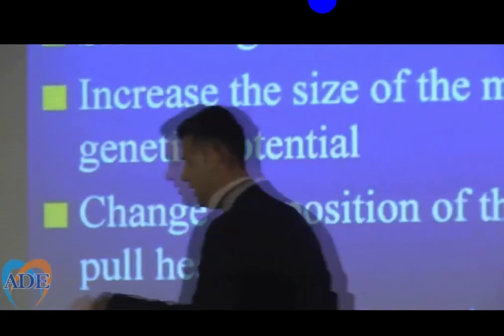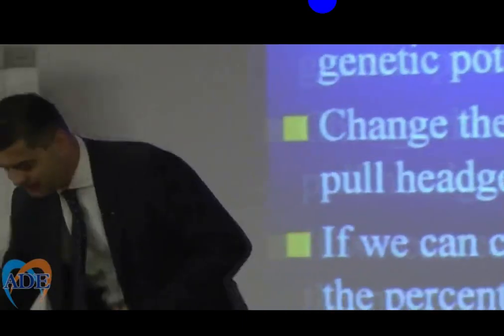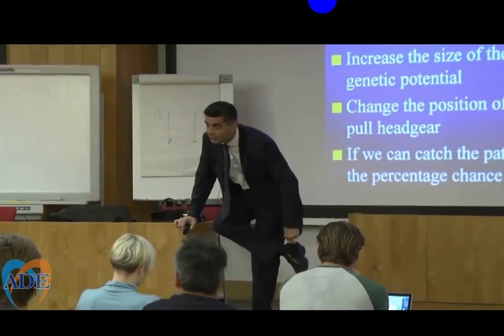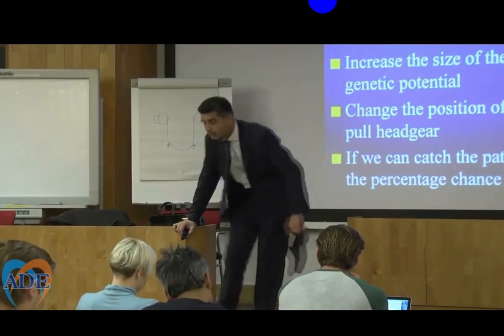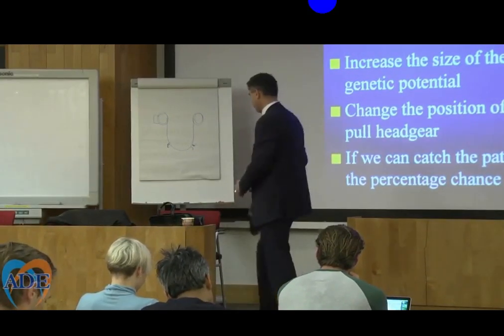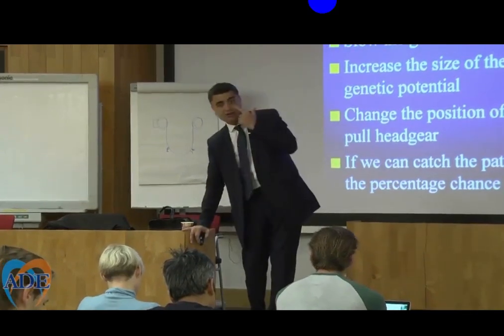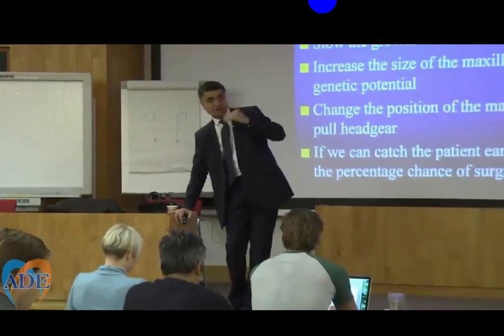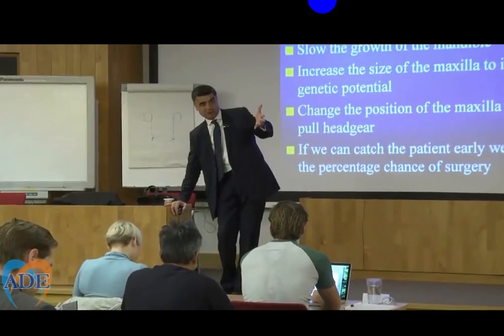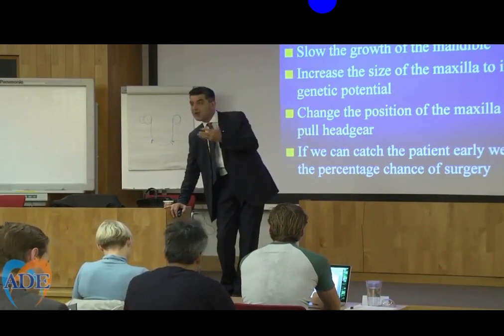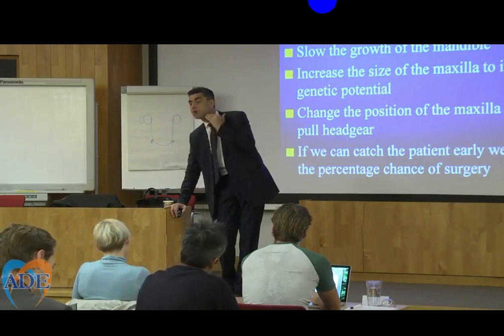So duration, then direction. Direction is downward and forward. Everyone happy with that? Yeah? 30 degrees below the occlusal plane. Point of force application: center of resistance of the maxilla, which is around about the cuspid region, yeah, 2/3 up the root. What about the center of resistance for anchorage in the lower gonial angle?